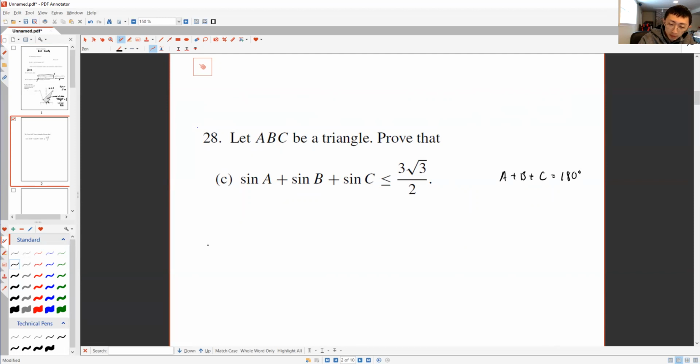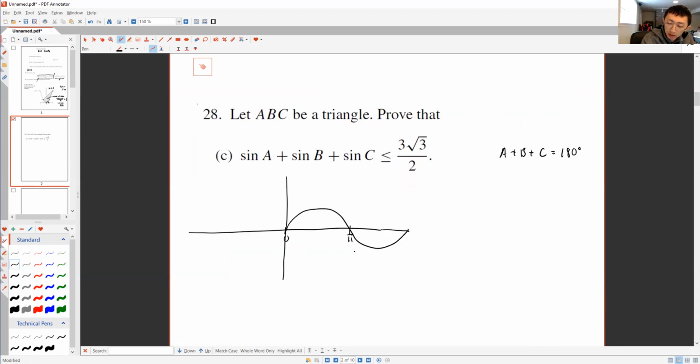So if we look at a sine curve, we're going to use Jensen's inequality. Technically a sine curve is not completely convex or concave. But since we're only worried about the interval from 0 to 180 degrees, we can check that from 0 to pi radians, sine is actually concave.